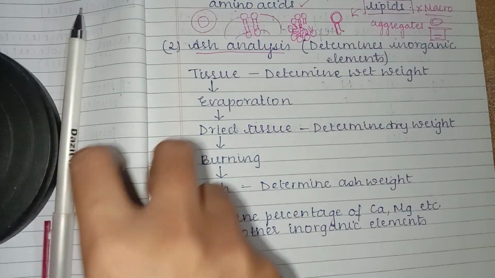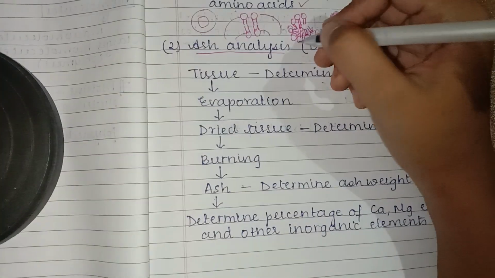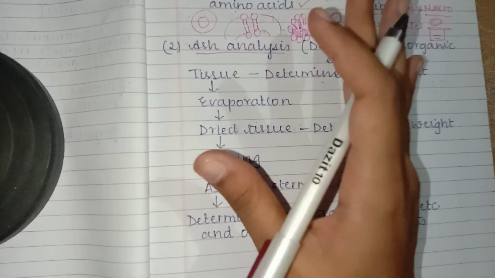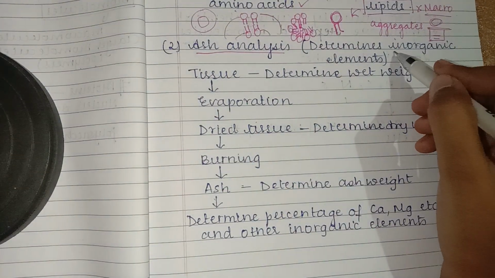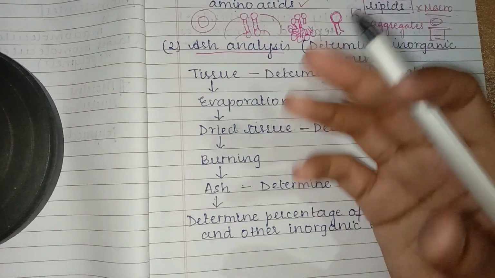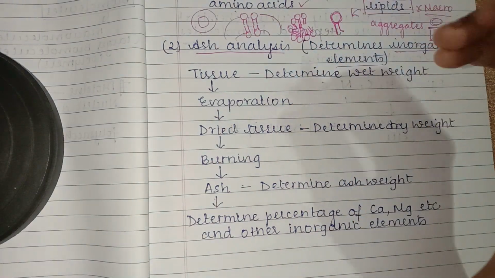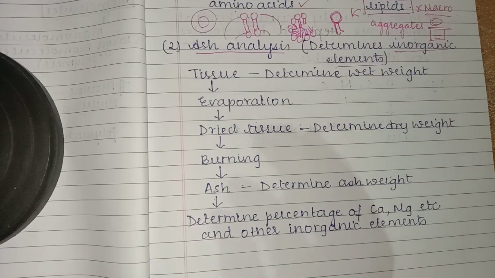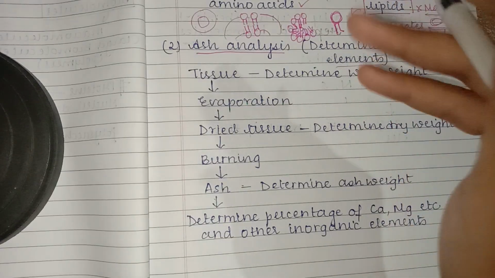So we are going to understand ash analysis. Ash analysis is basically about inorganic elements. We try to determine the concentration, the percentage, of inorganic elements in a sample.